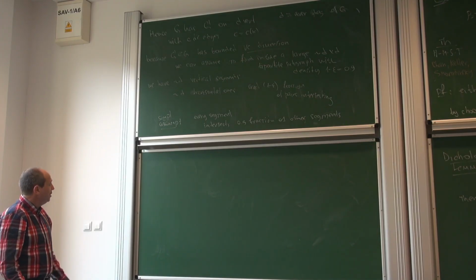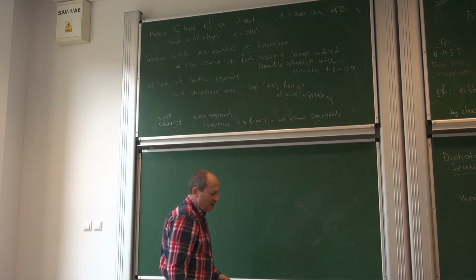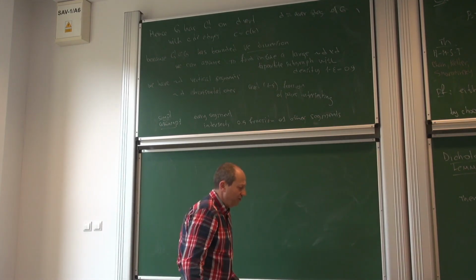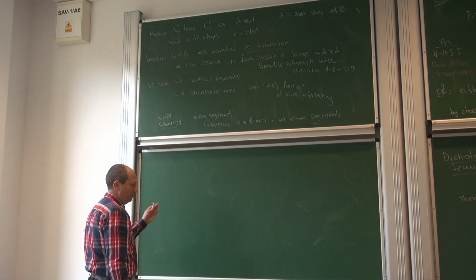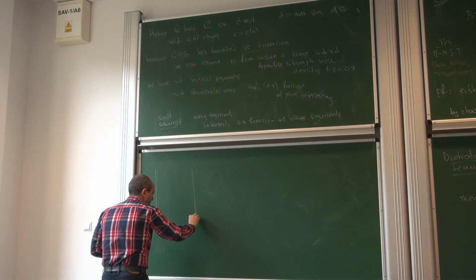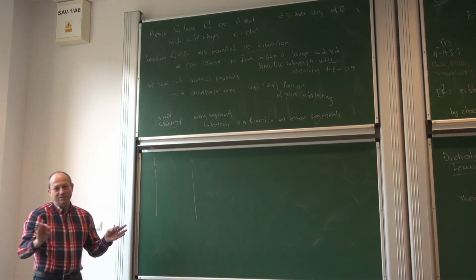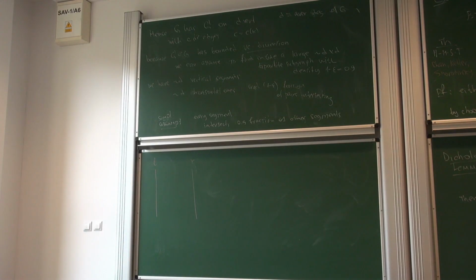So you do the following. You start with the vertical segments, and you find two segments, which I draw in red, which I call left and right. You can easily understand why I call them left and right, because I have vertical segments.